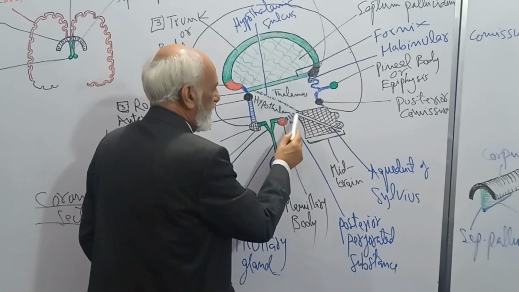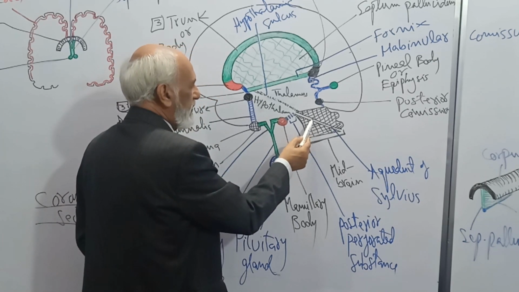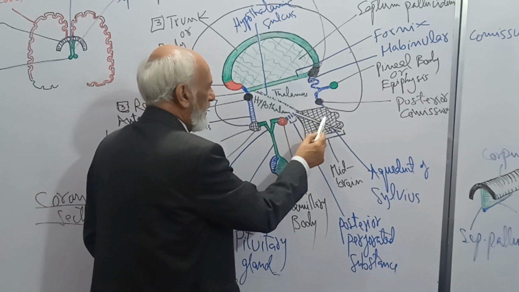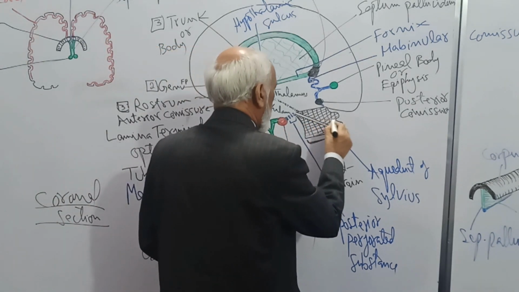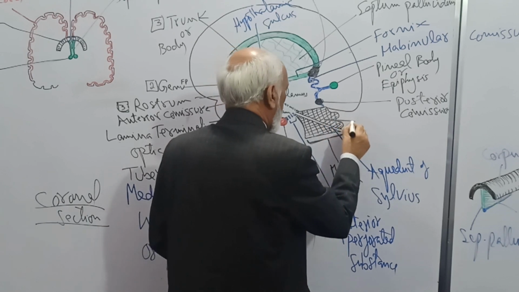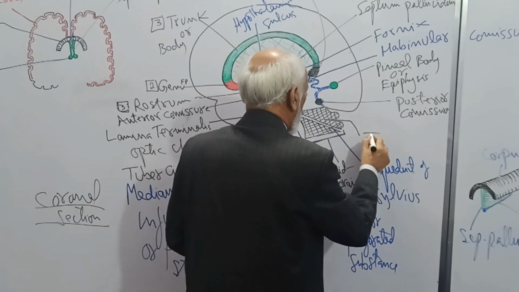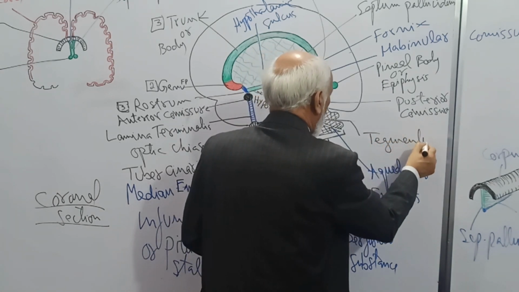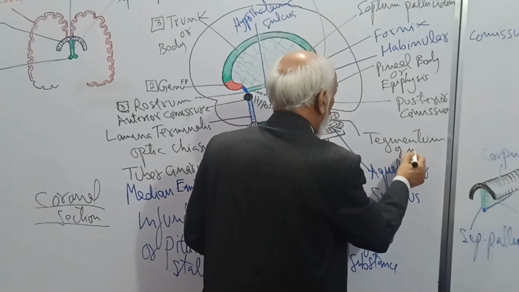Can you see the midbrain is traversed by the cerebral aqueduct? Part of the midbrain is in front of the cerebral aqueduct, and part is behind it. This posterior part of the midbrain has a special name, the tegmentum of the midbrain.